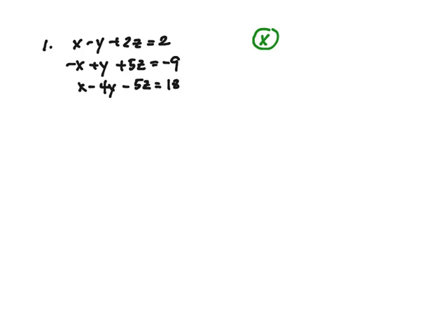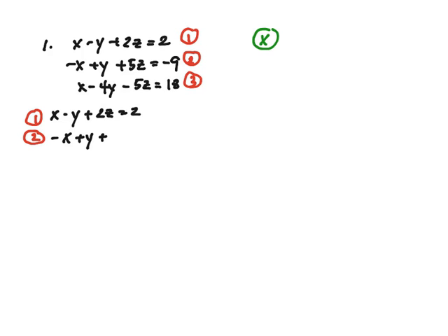Okay? Now let's go ahead and number them. We have 1, 2, and 3. And I'm going to start pairing. I'm going to pair up 1 and 2. So they have x minus y plus 2z equals 2, negative x plus y plus 5z equals -9.